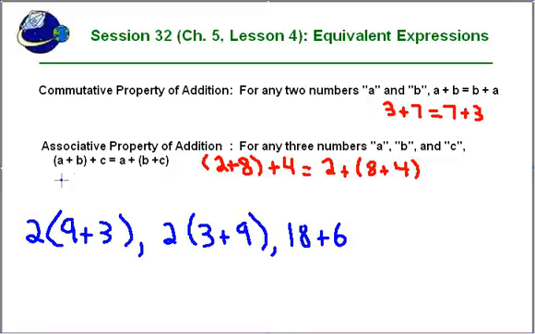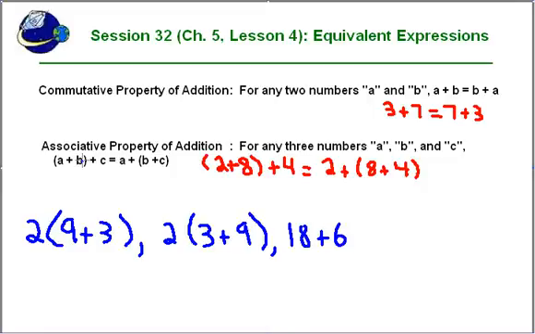So in this property, if you have parentheses around the first two numbers, you add the a plus the b first, get that answer, and then add c to it. That gives you the same answer as if you started with a and then added to it the parentheses b plus c. Parentheses is what you have to do first: you calculate b plus c and then add it to a.